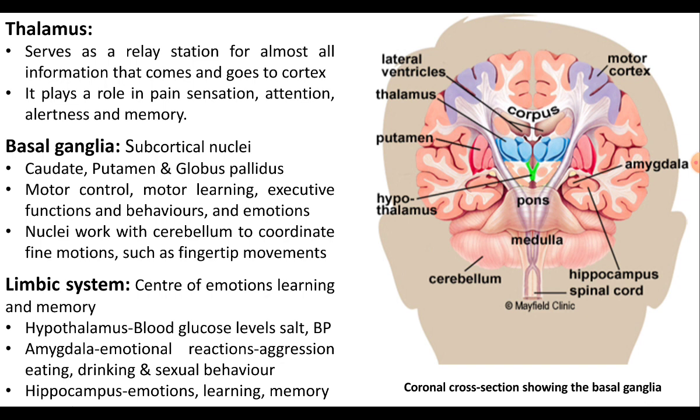The amygdala is the center that controls the emotional reactions such as aggression, eating, drinking, and sexual behavior. And the hippocampus plays a major role where it controls the emotions, learning, and mainly the memory.